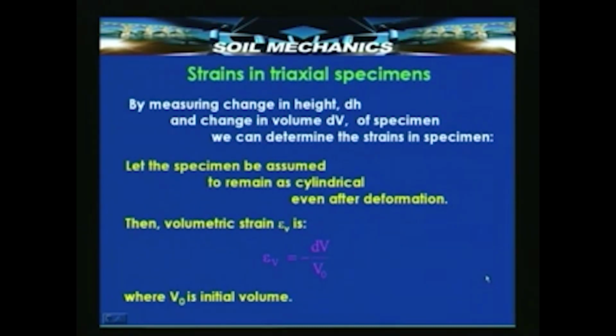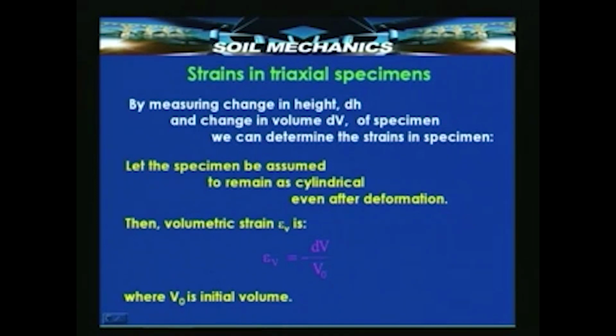Now, what happens to the strains? By measuring the change in height during the axial loading and the change in volume during the lateral loading, we can determine the strains. If we assume that the cylindrical specimen remains cylindrical even after deformation, then we can derive simple expressions for the volumetric and axial strain.